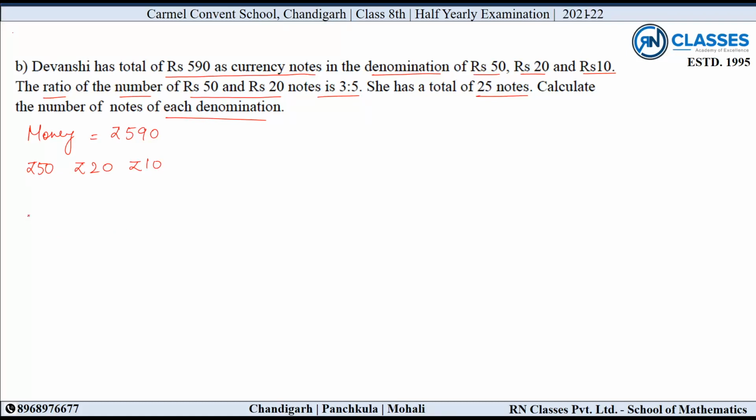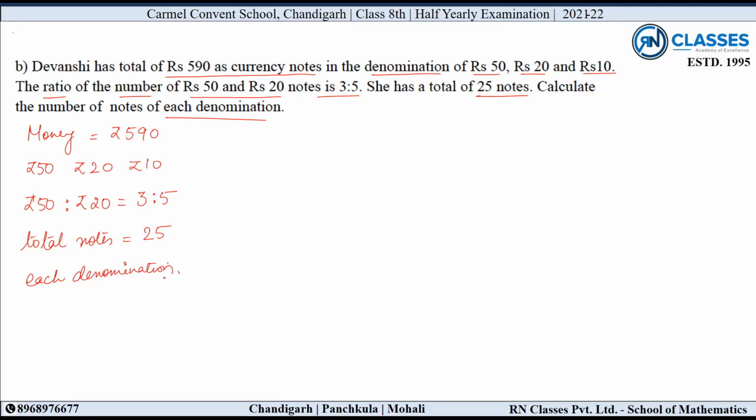Along with that we got the ratio. Rupees 50 notes to rupees 20 notes is equal to 3:5. This is what is given. We got total notes equal to 25. I have to find each denomination.